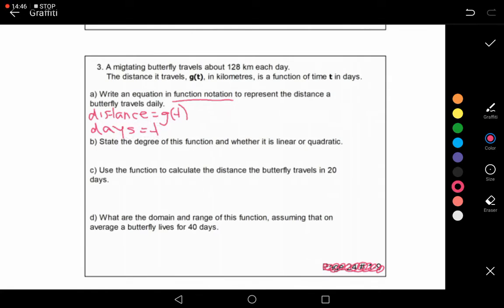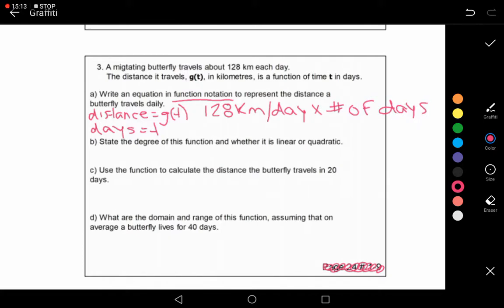That's my variable. And I know that I travel 128 kilometers per day, times the number of days we travel.